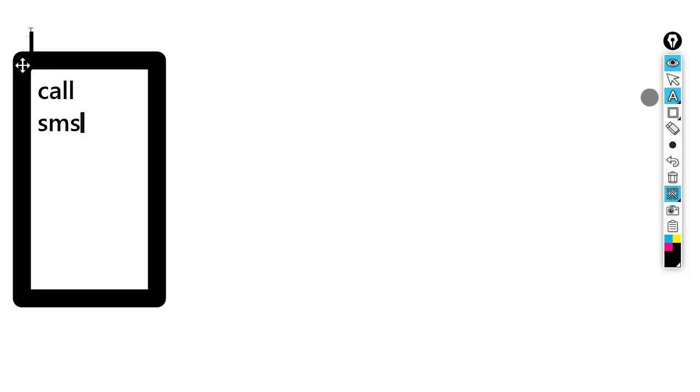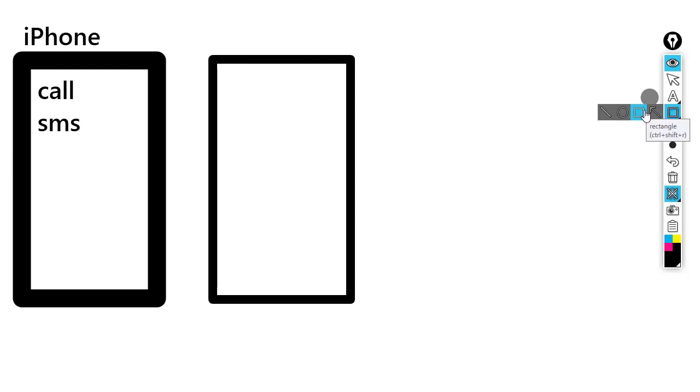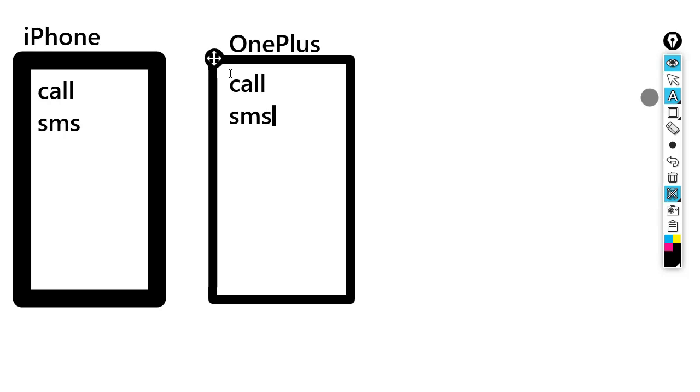Now consider this phone as an iPhone, right? Now I have another phone. Suppose it is not an iPhone, it is some other phone. Say it is OnePlus, right? So the OnePlus phone also has a feature of call and SMS.